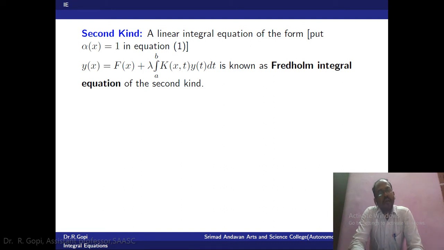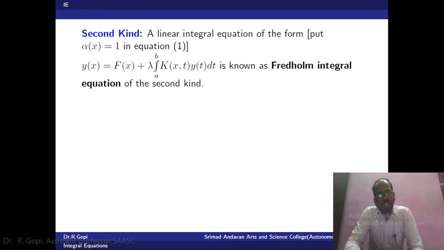That is, y of x equal to capital F of x plus lambda into integral a to b k of x comma t into y of t dt is known as a Fredholm integral equation of the second kind. So that is the difference: alpha of x equal to 0 is called the Fredholm integral equation of the first kind. Alpha of x equal to 1 is called the Fredholm integral equation of the second kind.